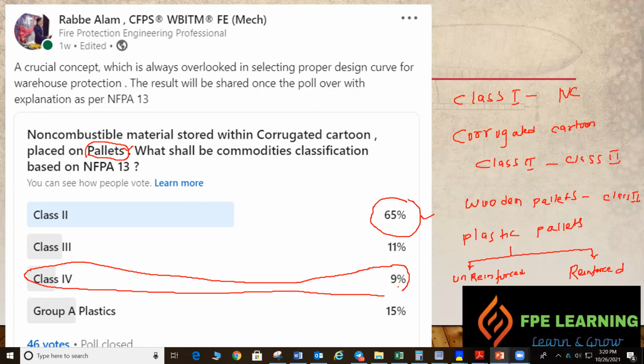And the reason behind it is, if you select class 2 commodities classification, it means you ignored the heat release rate from the plastic pallets, which are reinforced, and in that reinforcement, the steel is tough. So that steel keeps the integrity of the pallets for maybe hours. And that steel has some open space between the top and bottom of the pallets, and that is a continuous supply of oxygen.